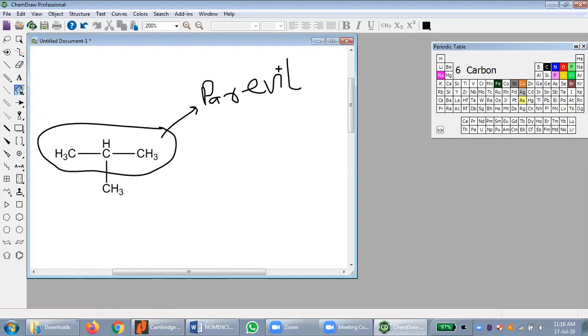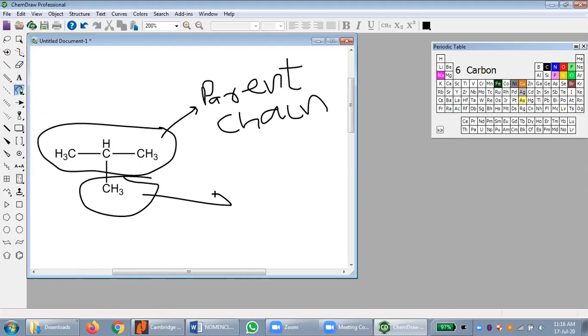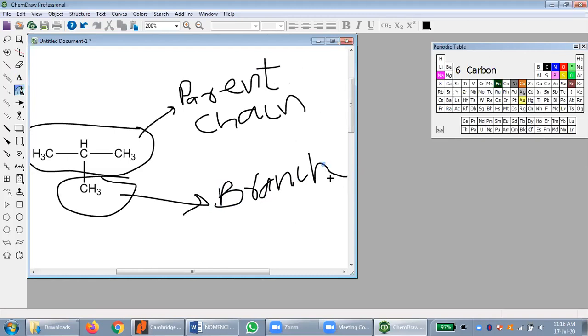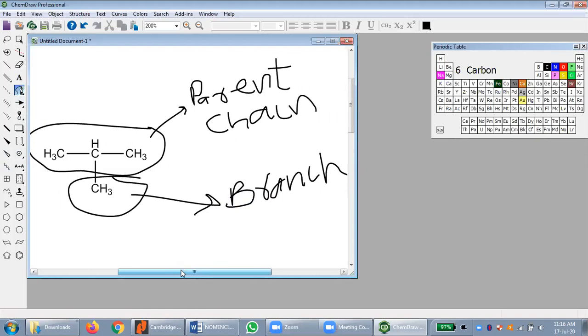Parent chain. Okay. And this one is then known as branch. Okay. Are we clear? Why are we calling the one on top as parent chain and the one at bottom as branch?